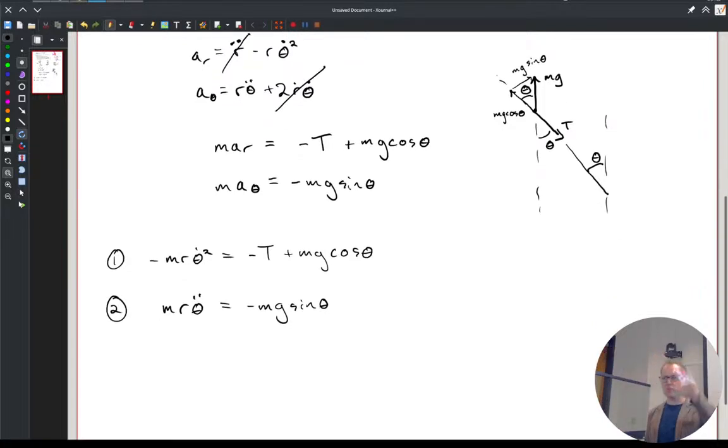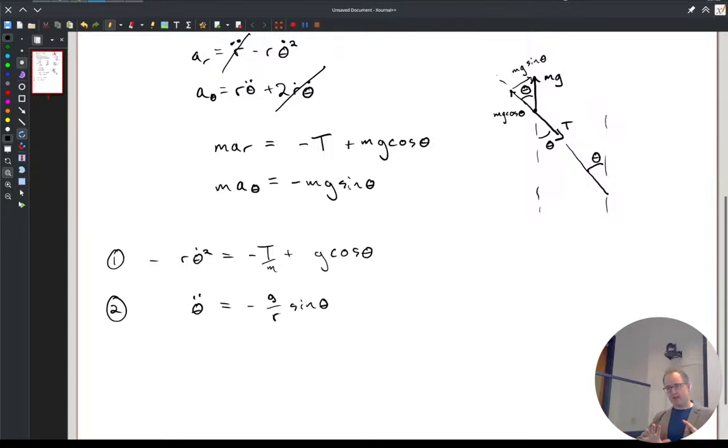I think for the most part, people were coming up to this spot. So we can start getting rid of m's, like make this a T per m. We can get rid of that r and say that it's g over r. And this is okay, if this is where you got to and you're like, all right, what do I do from here?